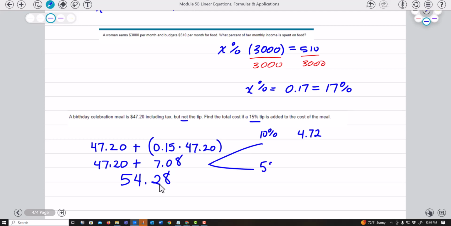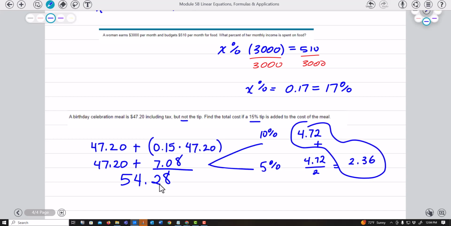And then another 5%, well, would be 4.72 divided by 2, which is 2.36. Add those two together, and that's that value right there. So it's just kind of something to be able to do on the fly like that, instead of always having to pick your phone up in a restaurant when you work problems like these in the real world.